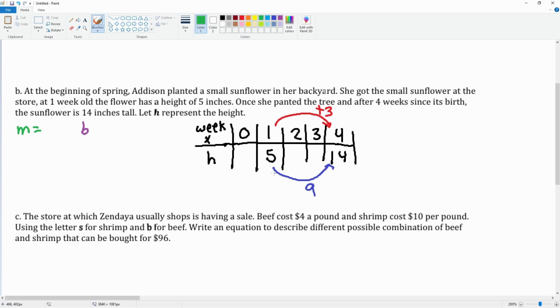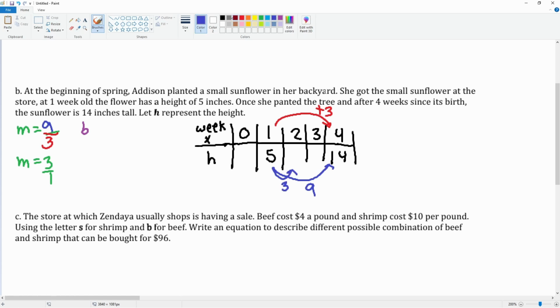So that means the m is going to be 9 over 3, which can just be simplified into 3 over 1. That means for every single 1 week, it increased by 3.